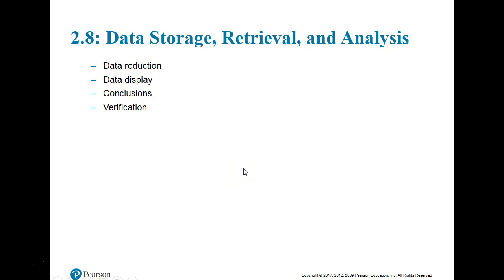Also, it's important to think about where you're going to store your data, how you're going to retrieve it, and then, of course, how you're going to analyze it. With data reduction, data is reduced and transformed or coded, even within qualitative work. When I talk about coding, you want to compare the different participants within your study, depending on how you're going to analyze it.